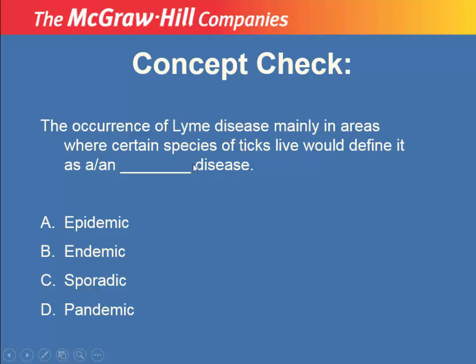Pandemic, it's not describing a global outbreak, so that's not a great choice. The best choice is that of endemic, because the species of tick are going to live within a distinct area, and you're going to have cases that would probably occur over a steady period of time of people who happen to be contaminated with this infective agent due to the tick bite.